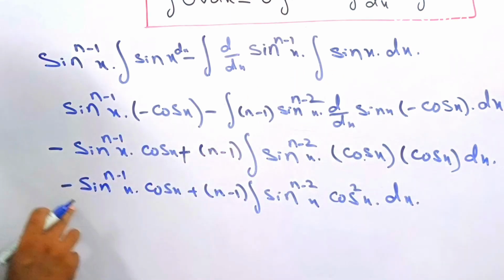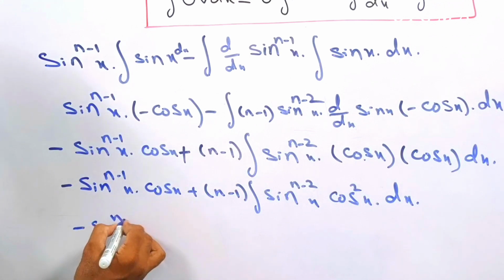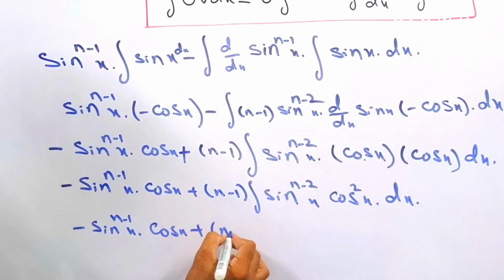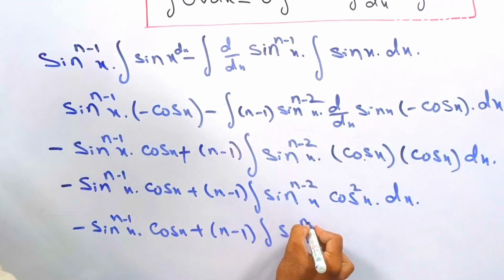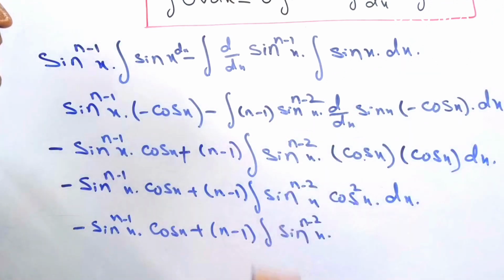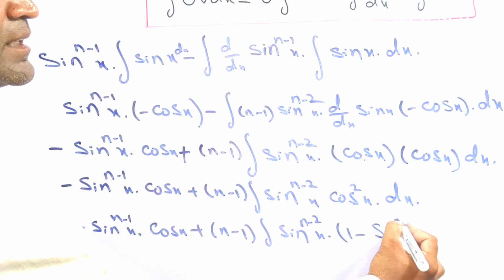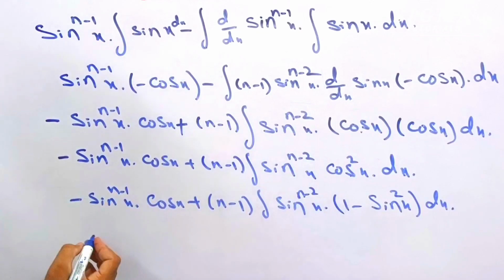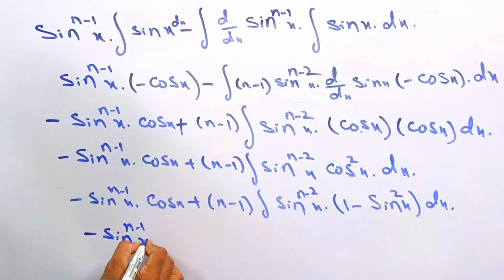In the next step, again I will write the same thing: minus sine power n minus 1 x cos x plus n minus 1 integration of sine power n minus 2 x. Cos square x can be written as 1 minus sin square x. The remaining is dx. In the next step, I will write minus sine power n minus 1 x.